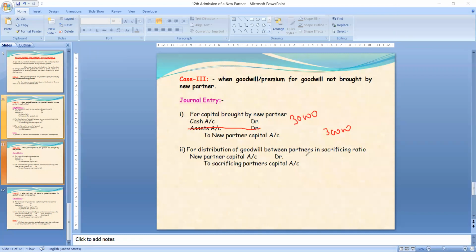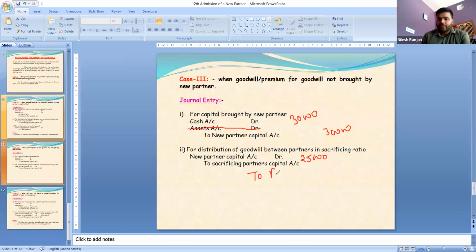Now we deduct 25,000 from his capital and distribute it to A and B: 15,000 and 10,000.